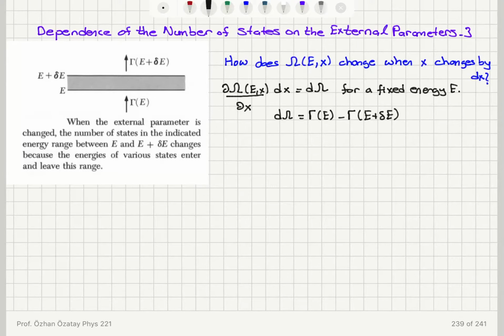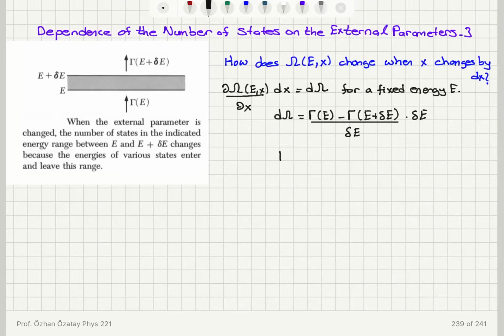So if you look at this expression, when I divide by delta E and multiply by delta E, and remember delta E is a very small energy, so small that the number of accessible states is not changing between E and E plus delta E, you can see basically this is the definition of the derivative with a minus sign.